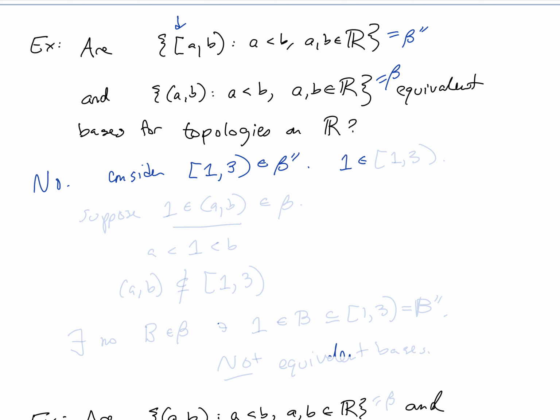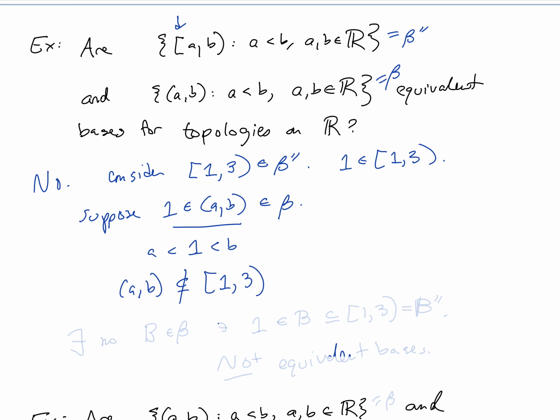Now 1 is an element of this half open interval, but suppose that 1 is an element of (A, B) for some (A, B) in the usual basis for R. Then, by definition, 1 is between A and B, so 1 is greater than A and less than B, and that tells us that this open interval (A, B) cannot be a subset of the half open interval from 1 to 3, because it's going to contain some elements that are less than 1.